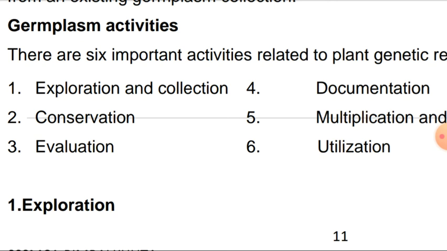And once that particular germplasm is found to be better after the evaluation, we can classify that germplasm, or we can test it for evaluation, whether in the field, in greenhouses, or in the laboratory.